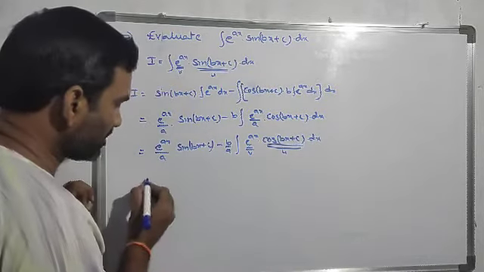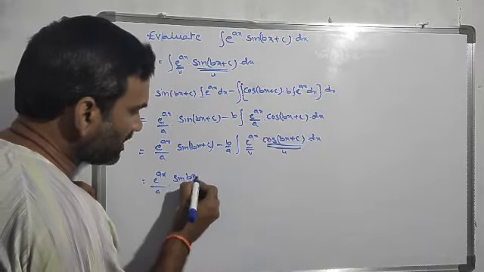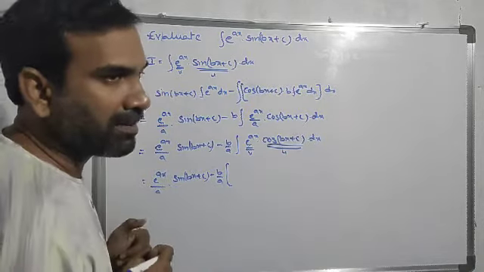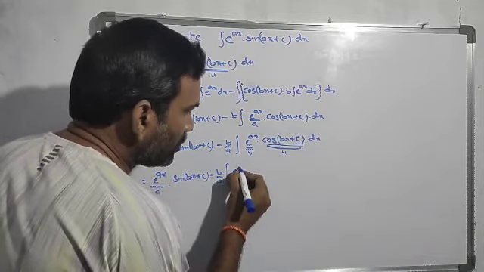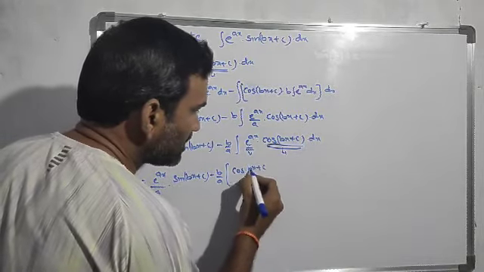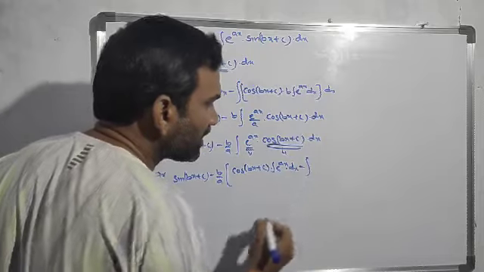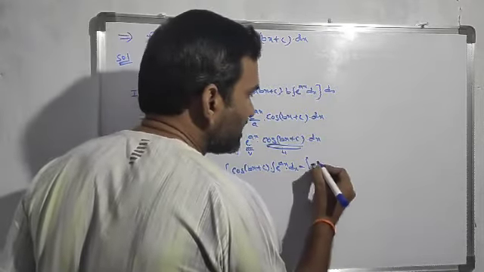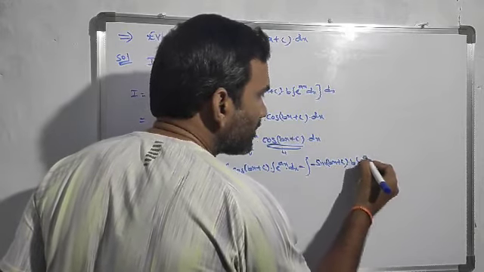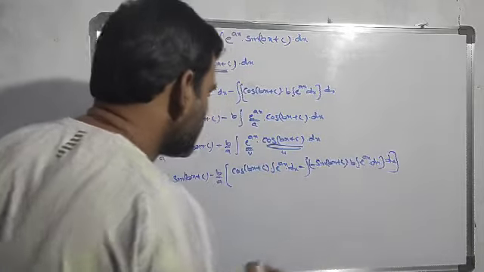Again here we have to apply the by parts method. e to the power of ax by a into sine of bx plus c minus b by a into, in the bracket I am applying the uv formula. u means cos of bx plus c into the integration of e to the power of ax into dx, minus the integration of the differentiation of cos of bx plus c, which is minus sine of bx plus c into b, into the integration of e power ax into dx, this total into dx. Here I am closing the bracket.